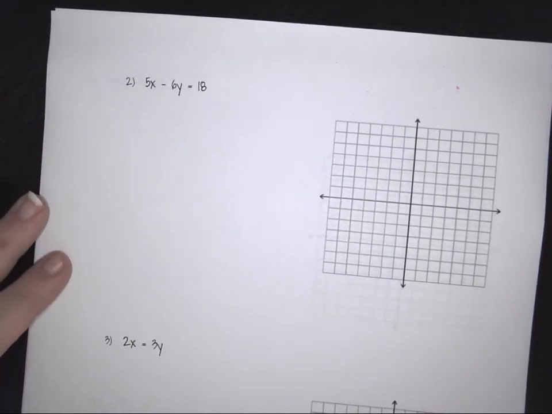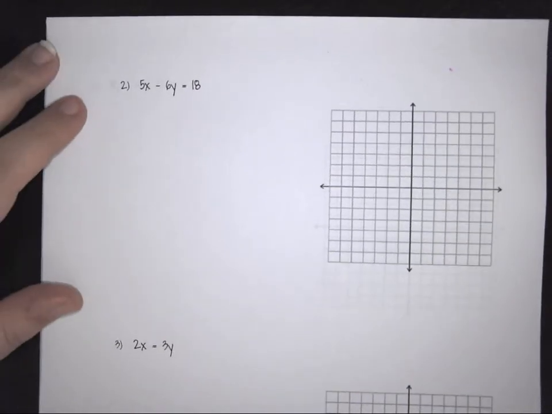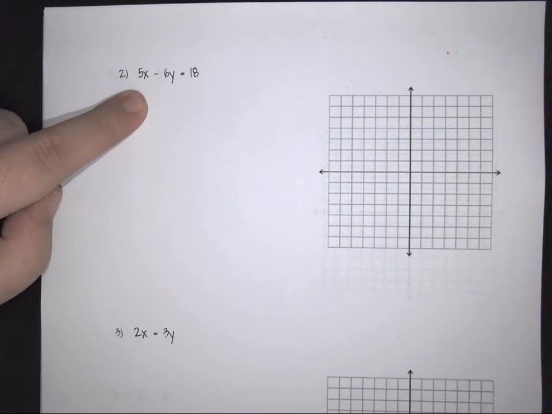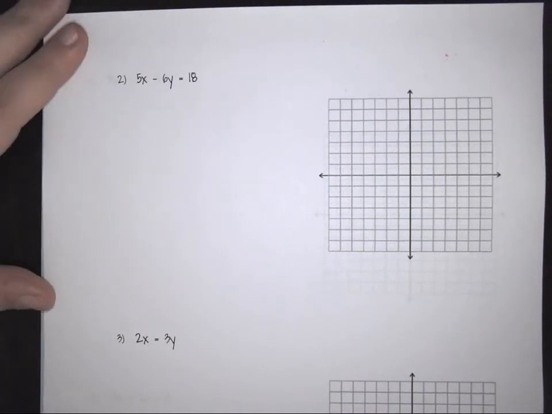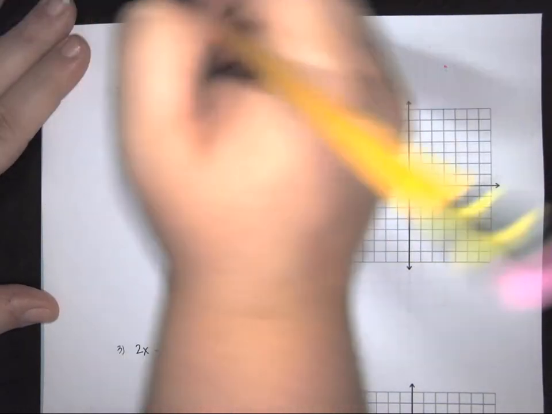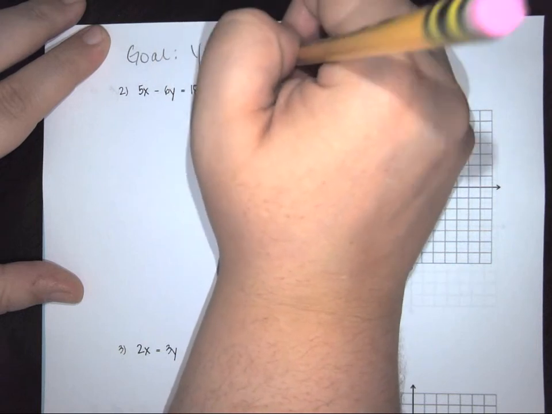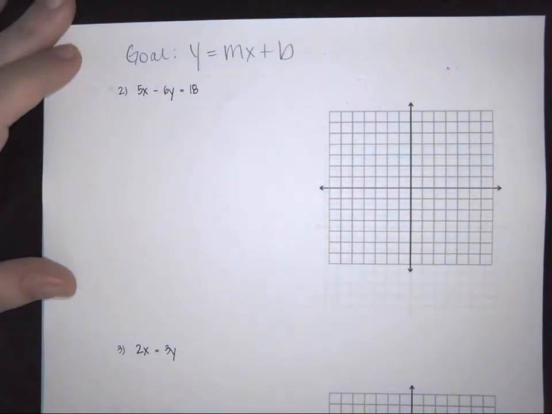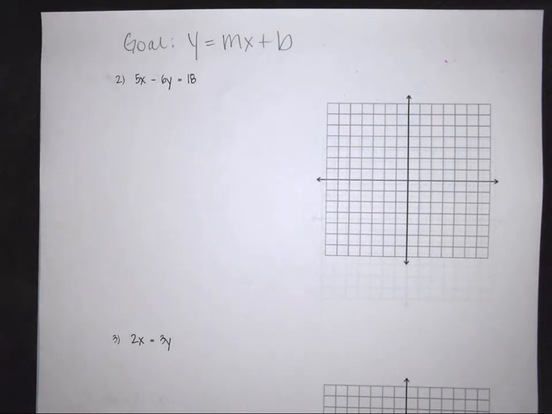Alright, let's go ahead and take a look at another one. So notice in this one I have a little bit more work to do. I need to rearrange my equation. Remember, my goal is to have y equals mx plus b, because then I can pick out my slope and I can pick out my intercept.